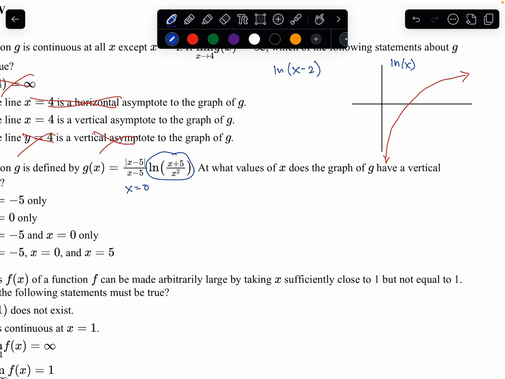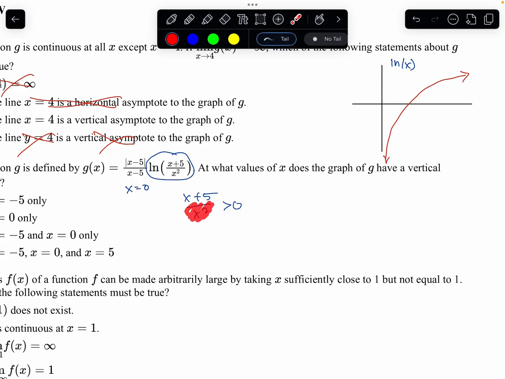That's going to be at positive 2. That's the lowest x value you can plug in here to be 0 and not negative. So it can't include 2 either, unlike a square root. That's why there's that vertical asymptote. And so keeping that in mind, x plus 5 over x squared has to be greater than 0.